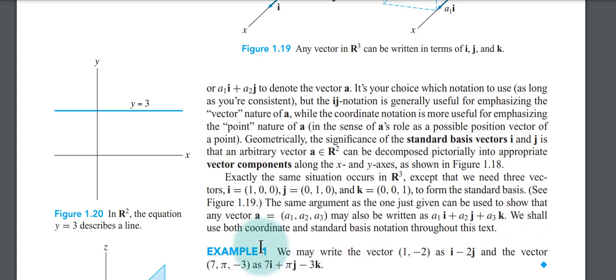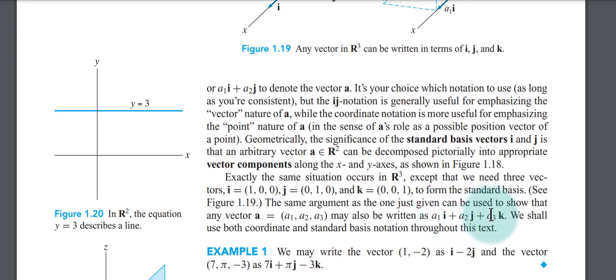So she says we shall use both coordinate and standard basis notation throughout this text. So what is she talking about? Sometimes we'll write it like this, and sometimes we'll write it like this. These mean the same thing. That's what we said. We said this can be written like this. So they mean the same thing, but they're not written exactly the same way. Sometimes we'll write a vector like this, sometimes we prefer to write it in terms of i, j, and k, the special standard basis vectors.